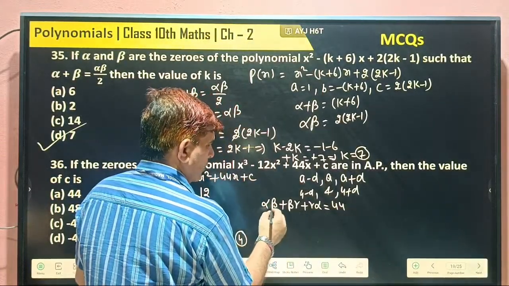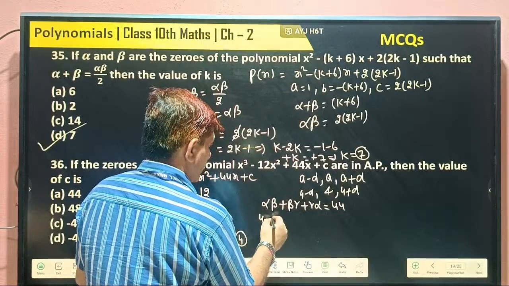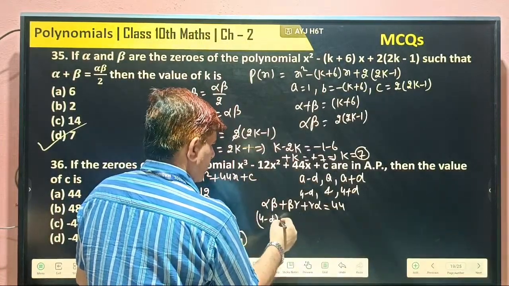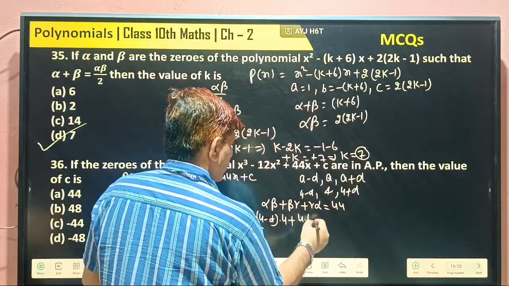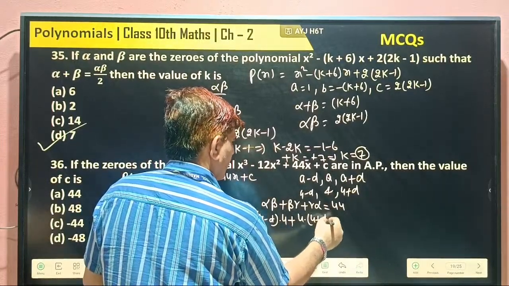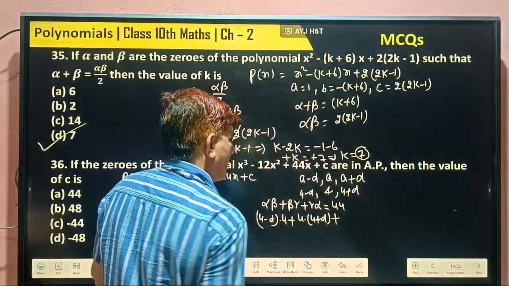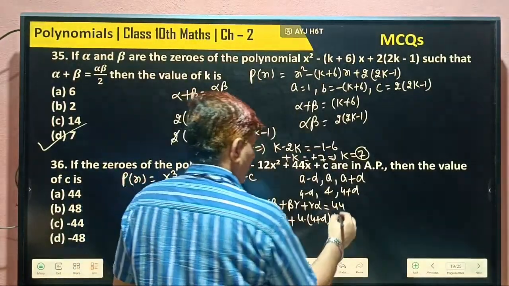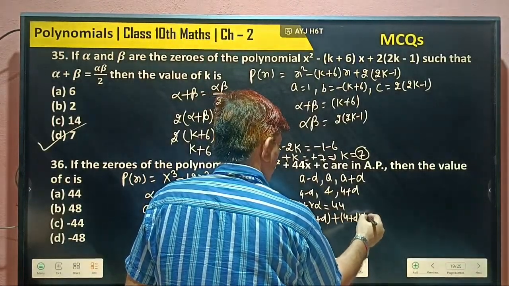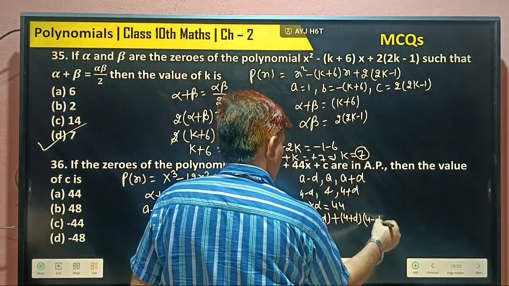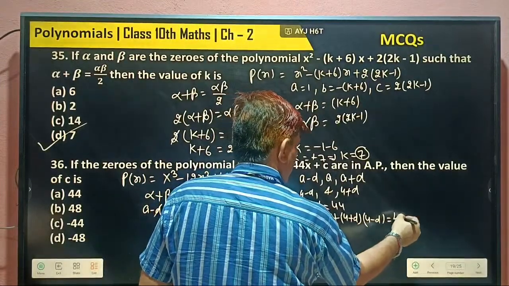So this is alpha beta: (4 minus d) into 4, plus beta gamma: 4 into (4 plus d), plus gamma alpha: (4 plus d) into (4 minus d), is equal to 44.